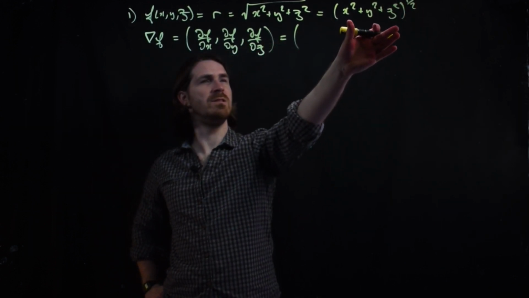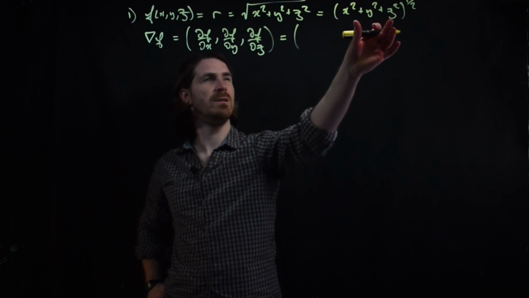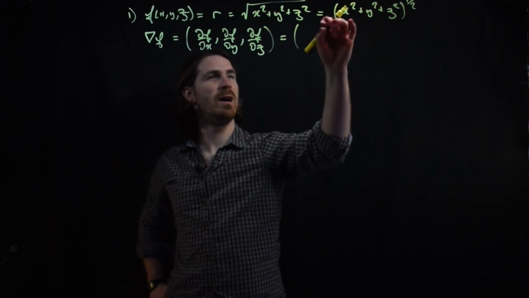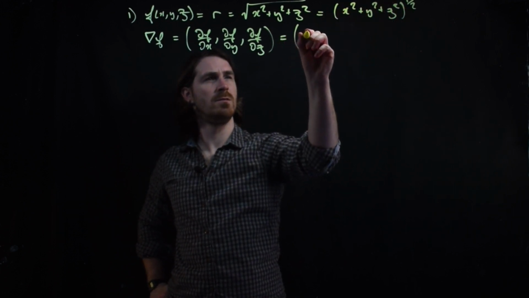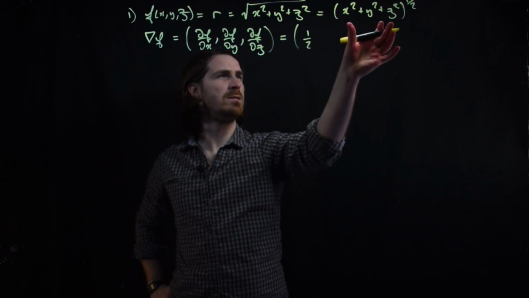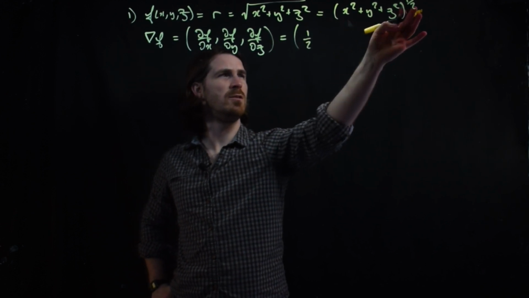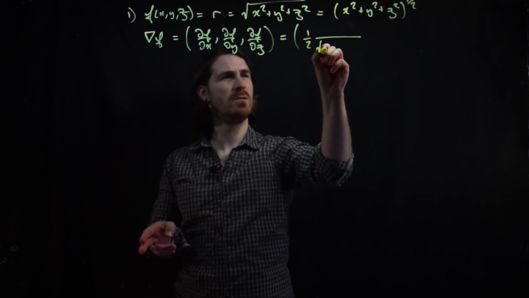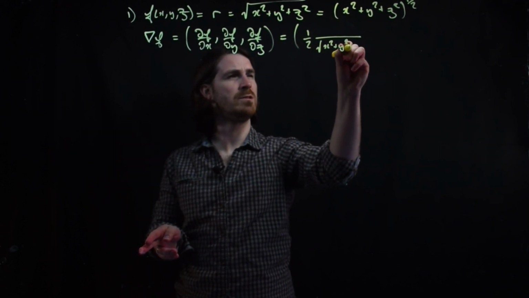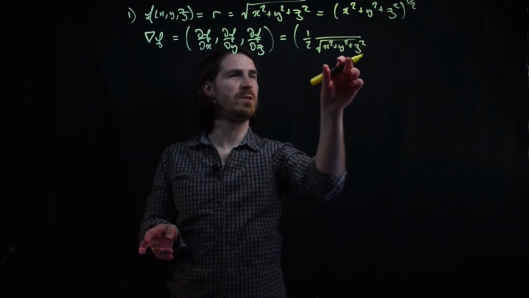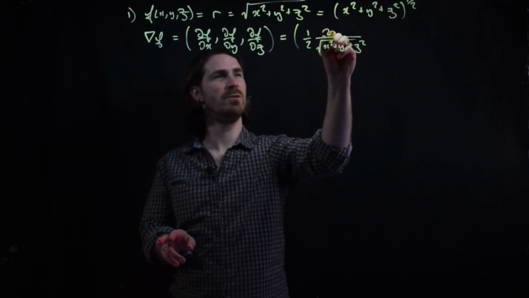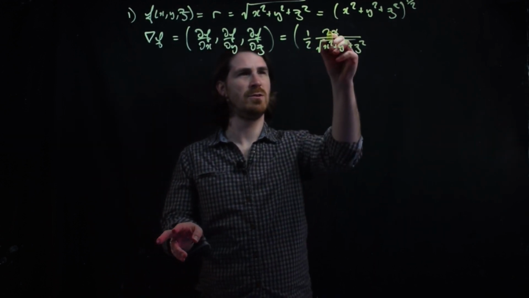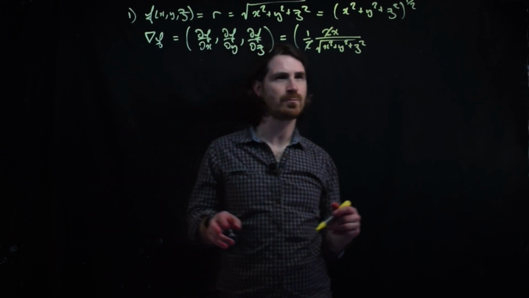To differentiate this with respect to x, holding y and z constant, we get a 1/2, and this bracket to the -1/2. So we've got one over the square root of x squared plus y squared plus z squared. Then we differentiate what's inside the bracket, and we get 2x. So the 2x and the half cancel.